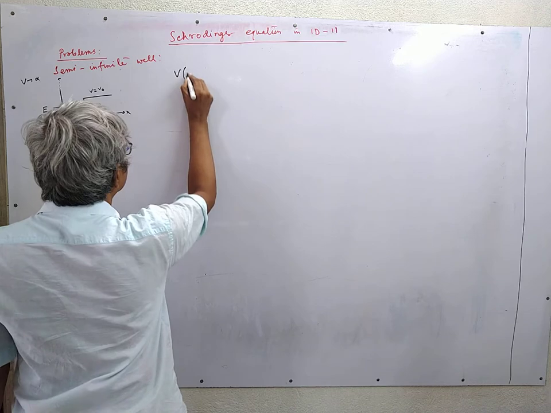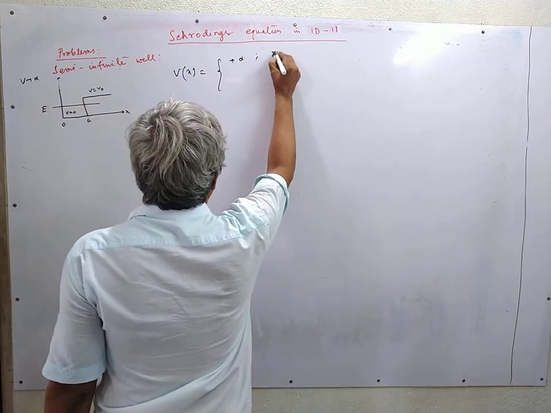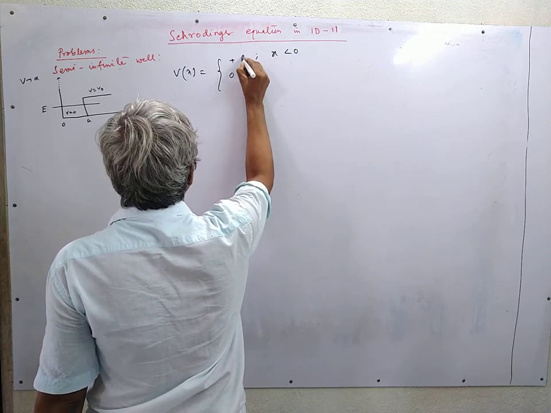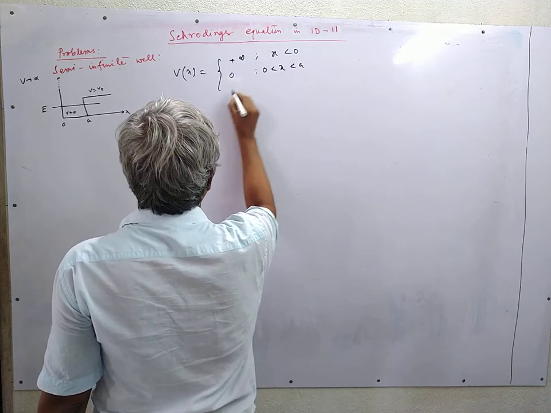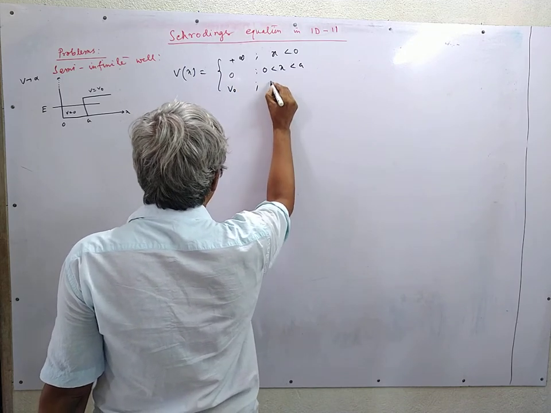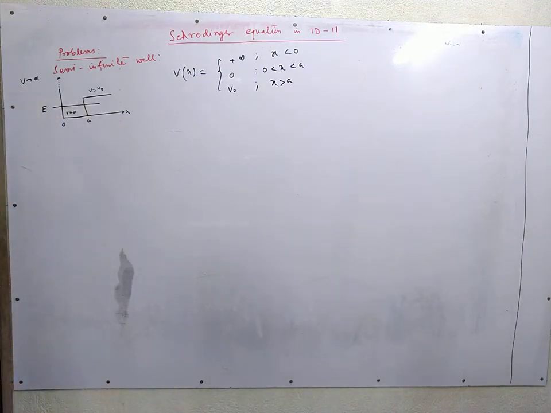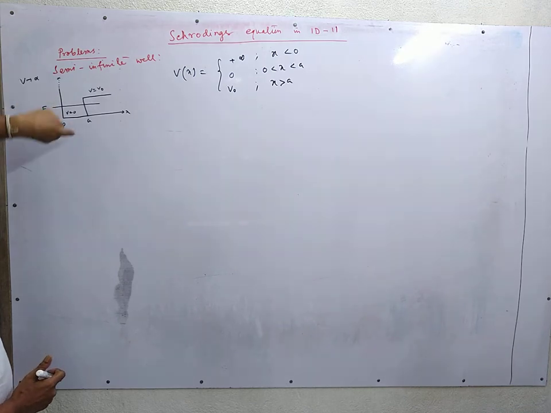So the potential is plus infinity for x less than 0, it is 0 for x greater than 0 and less than a, and it is V0 for x greater than a. So this is the semi-infinite potential well. We have a particle of mass m situated within the well with energy E less than V0. What are the bound state energies?